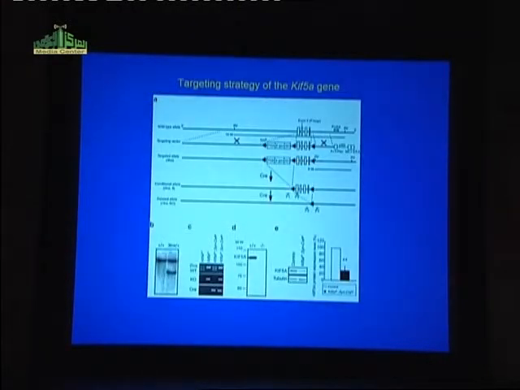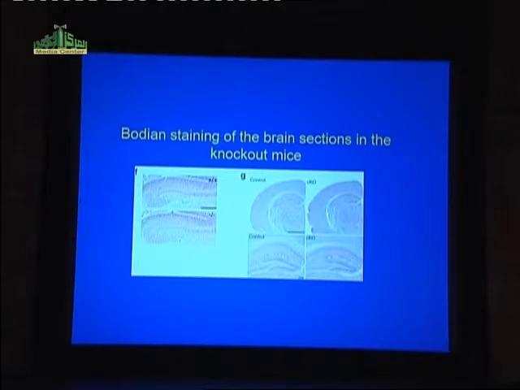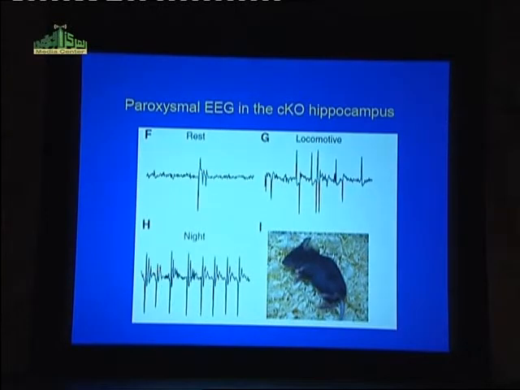And the mice were born and looked healthy at a glimpse. As shown here, in histology, we didn't see a difference between genotypes, but we kept these mice for a long time and observed their behavior, and we found that they have epileptic seizures.